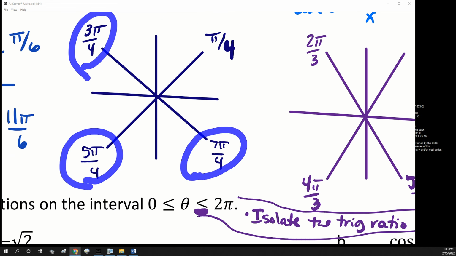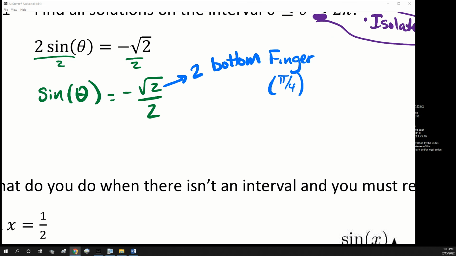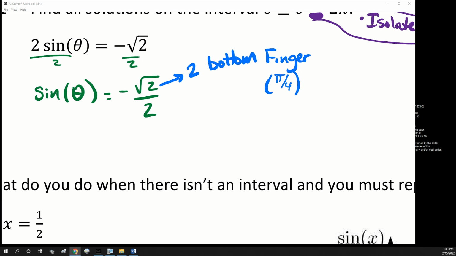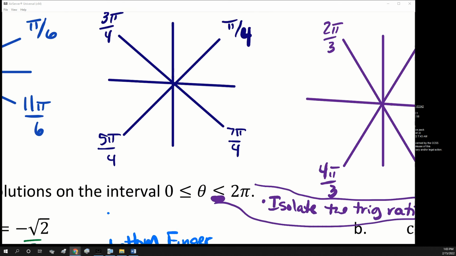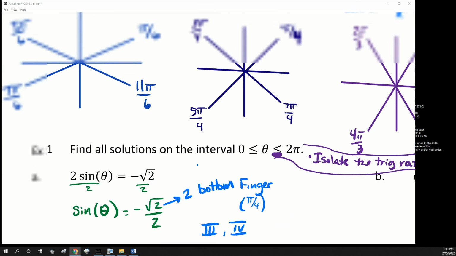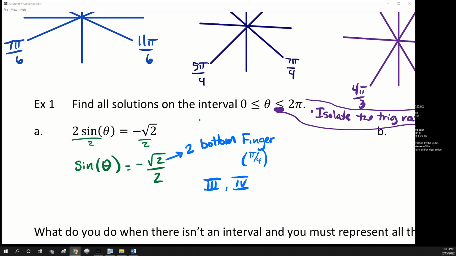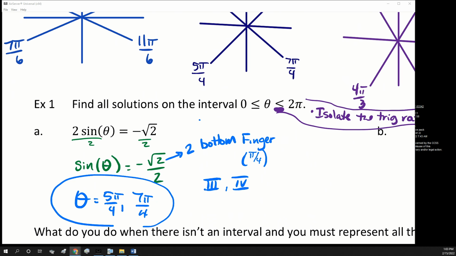And then for the sine to be negative, it is in quadrants 3 and 4. So you go up to what we just wrote for pi over 4, and we pick out the angles that are in quadrants 3 and 4. Those are all the angles between 0 and 2 pi that I can put into this theta, and it gives me a true statement.